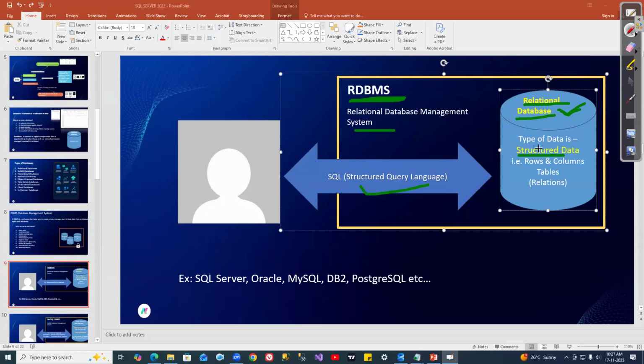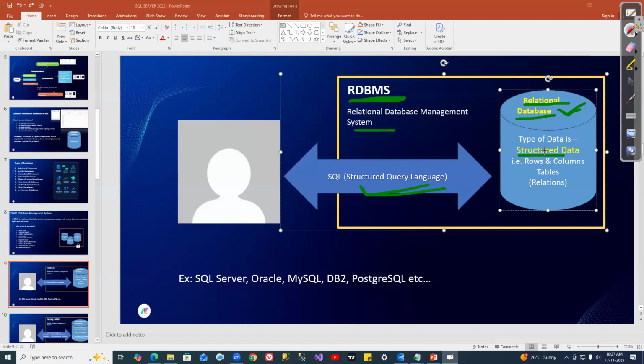Using this language only, we can communicate with the relational databases.